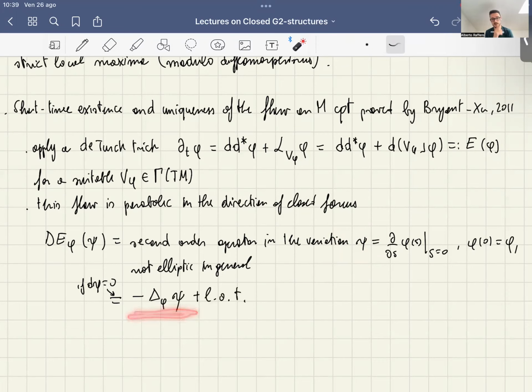And this now is an elliptic operator. And so this tells you that the first variation is elliptic in the direction of closed forms.